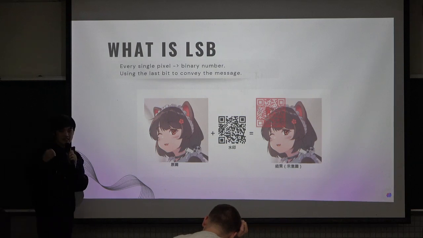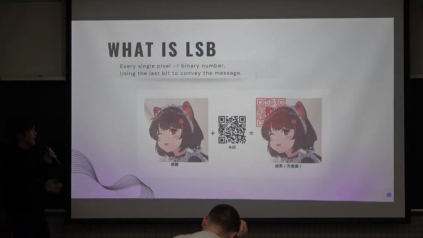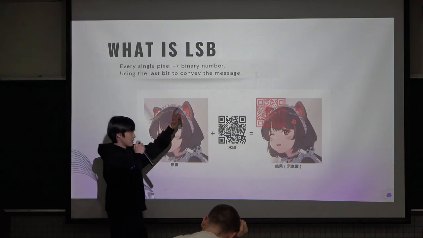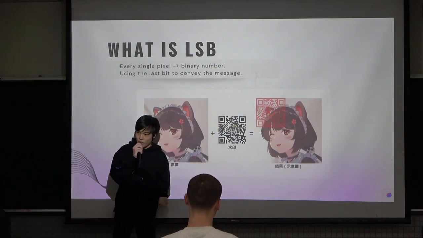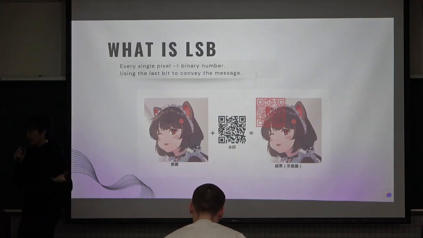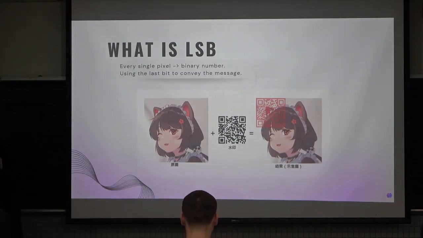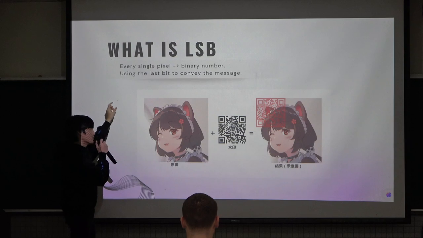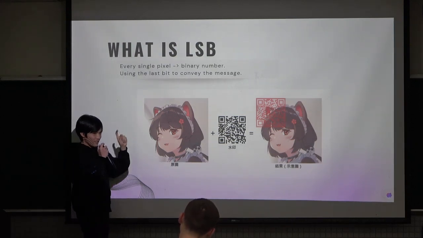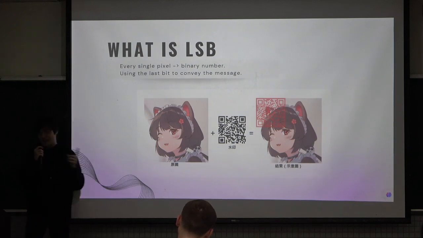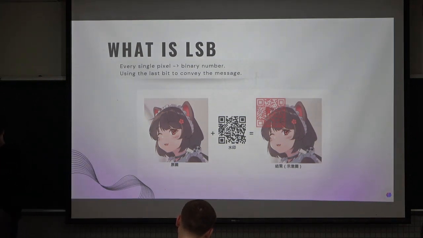We use the last bit of these 0s and 1s to hide the message. For example, if 1 means black and 0 means white, we can hide a QR code in the image and humans still cannot see the difference, because a change of 1 in a pixel cannot be seen by humans.